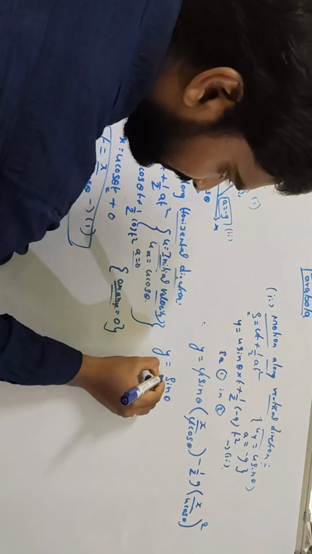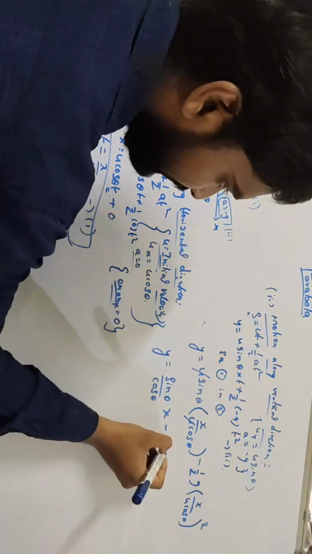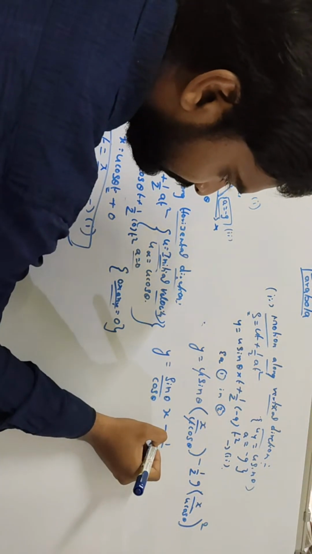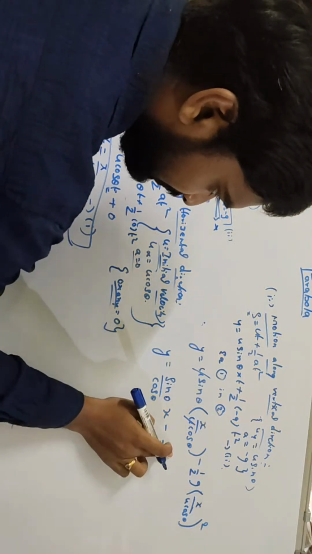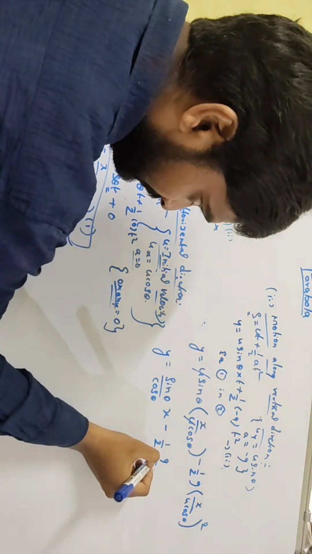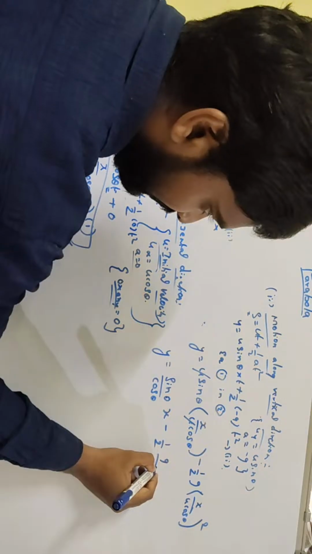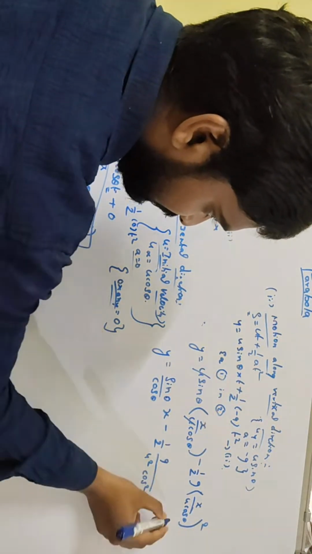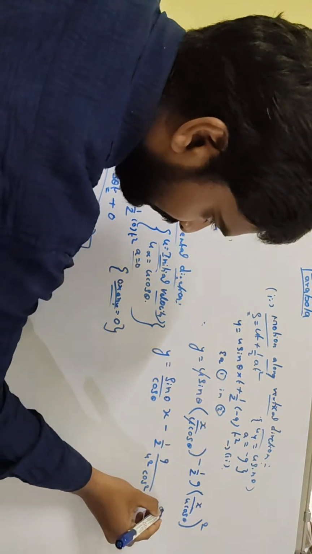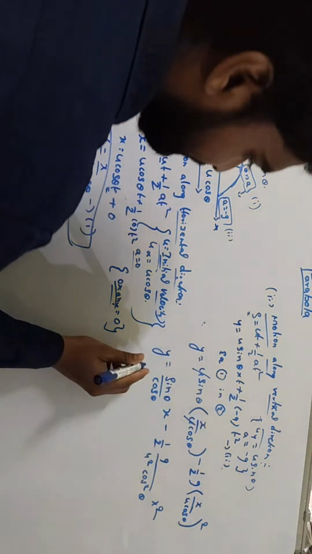Sin theta divided by cos theta into x minus 1 by 2, that is 1 into g, becomes g by u square cos square theta, into x square. x square becomes a constant, that's why it is written outside of the expression.